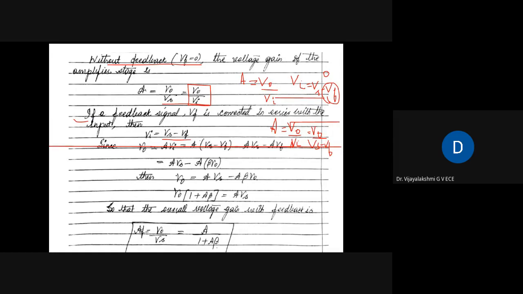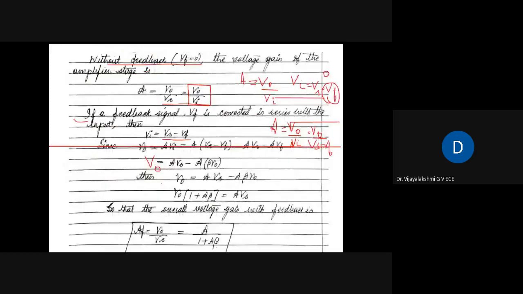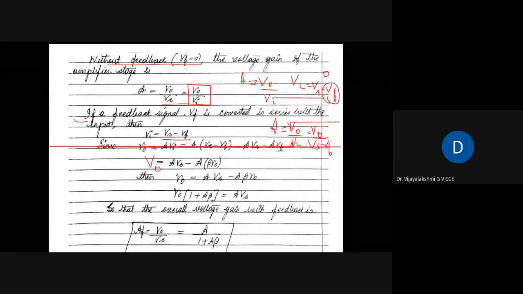Now if you open this bracket, I get A into Vs minus A into Vf. So V naught is equal to A into Vs minus A into Vf. What is Vf? Vf is the feedback signal, which is beta times V naught. So V naught is equal to A into Vs minus A into beta times V naught.